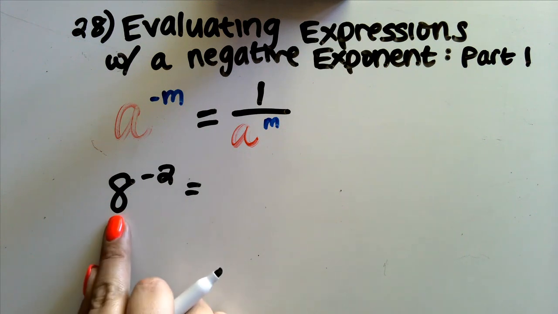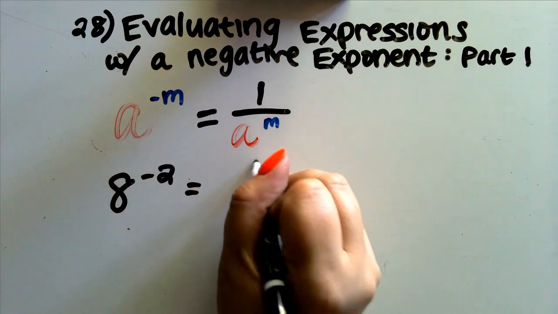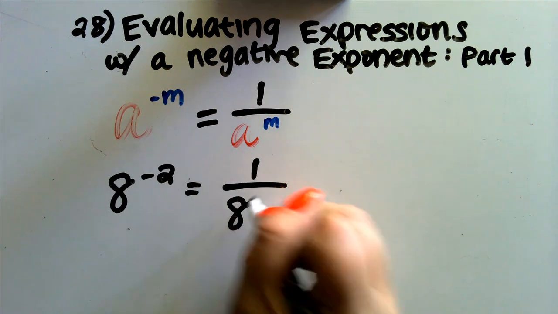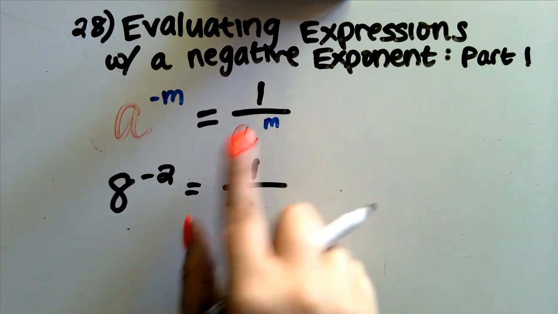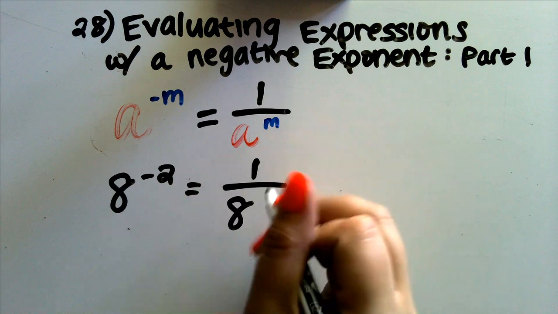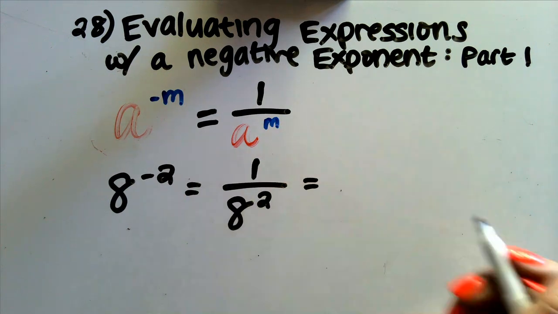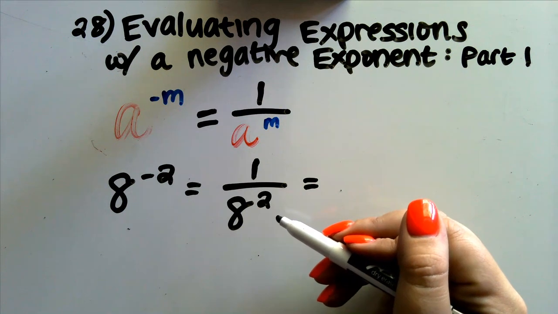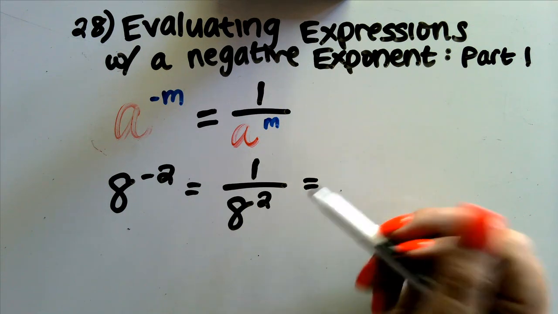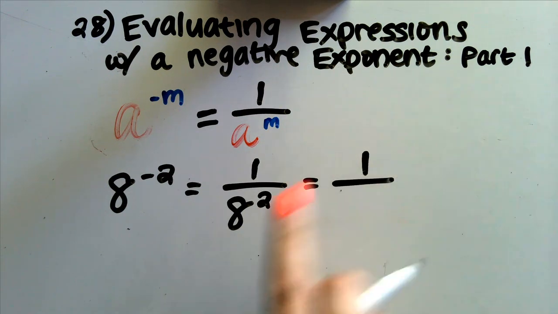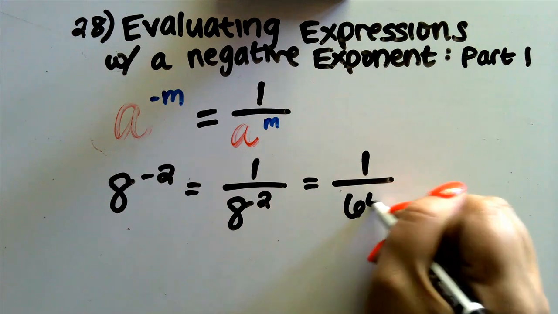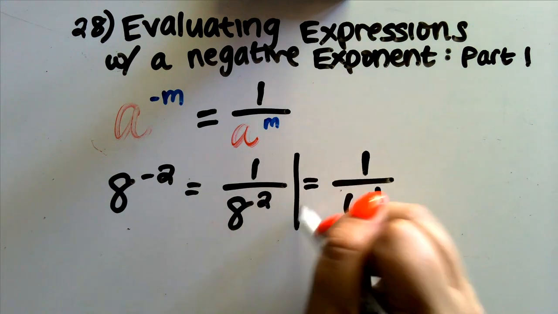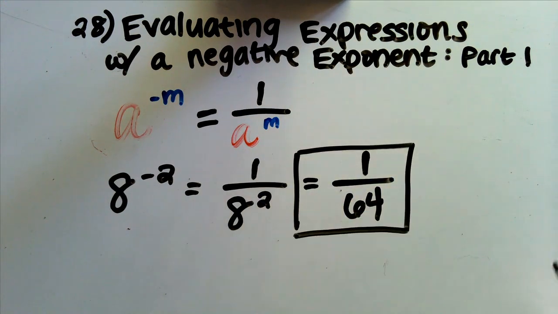Our base of 8, we're going to put this in our denominator, and then we're going to flip our exponent from negative to positive. 1 over positive 8 to the second power, okay? Now we evaluate. 8 to the second is 64. Therefore, 8 to the negative second power is the same thing as 1 over 64.